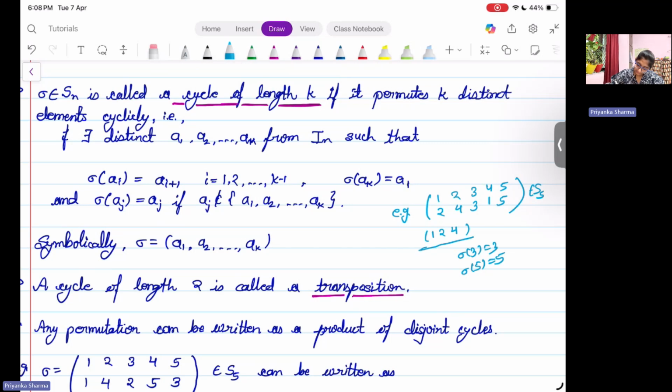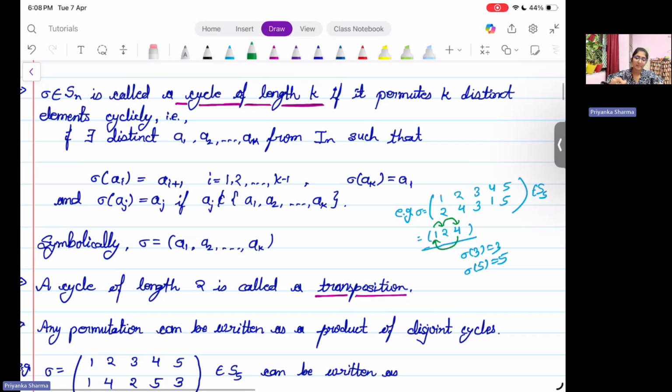If we write this sigma in this form, then we can say that sigma is a cycle of length 3. Obviously, 1 is mapped onto 2, 2 is mapped onto 4, and 4 is mapped onto 1 again by cyclicity. So this is the meaning of cycles in a given permutation.